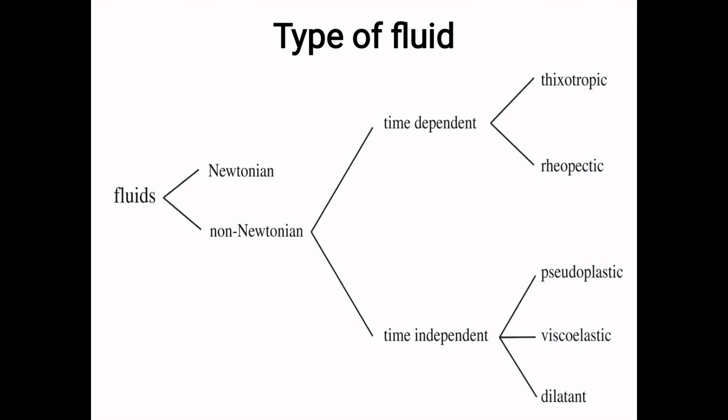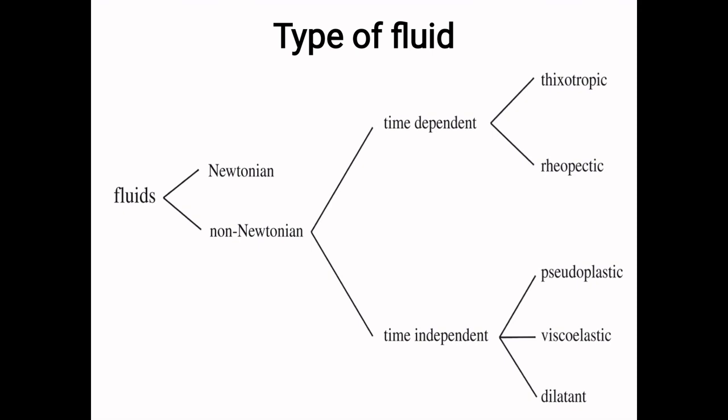Now in this slide you can see here fluid are divided into the Newtonian fluid and non-Newtonian fluid. Non-Newtonian fluid is mainly time dependent and time independent. Time dependent is classified into two types, thixotropic and rheopectic. Time independent fluid are classified into pseudoplastic, viscoelastic and dilatant.